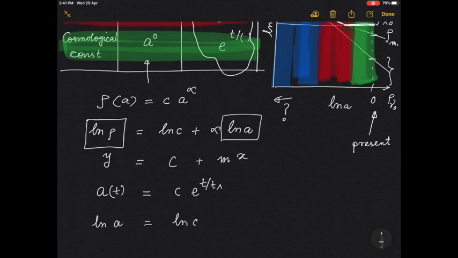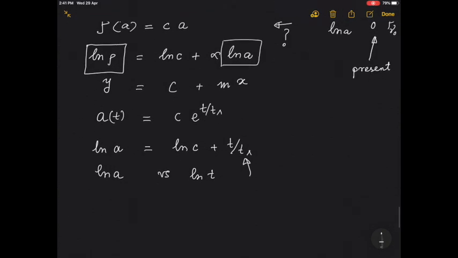Okay, so if I take ln of a here, I take ln of c, and this just becomes t by t lambda. So it doesn't become log of t by t lambda, but it goes to t by t lambda. So it looks like an exponential. So if I plot ln of a versus ln of t, this will rather look exponential. But that's all right.